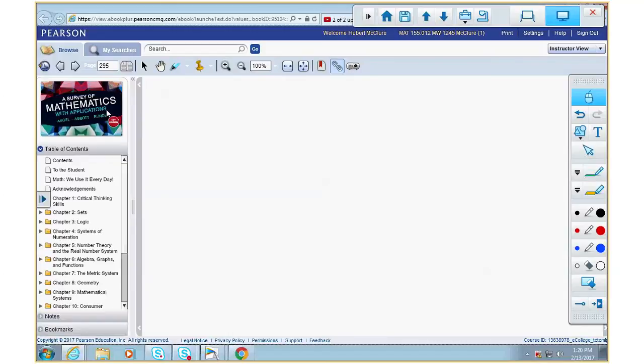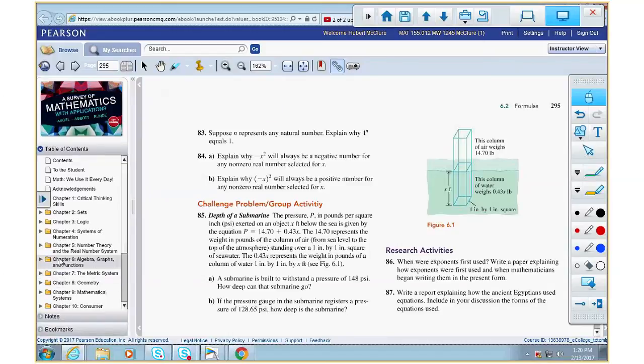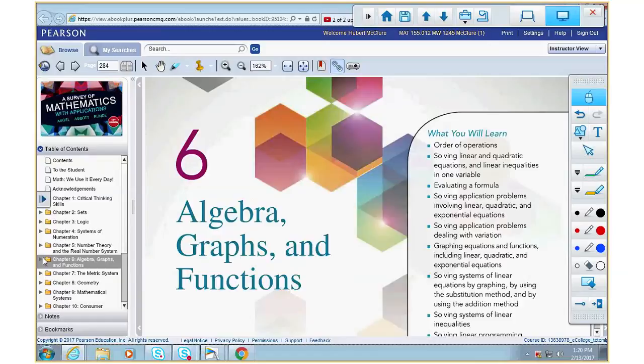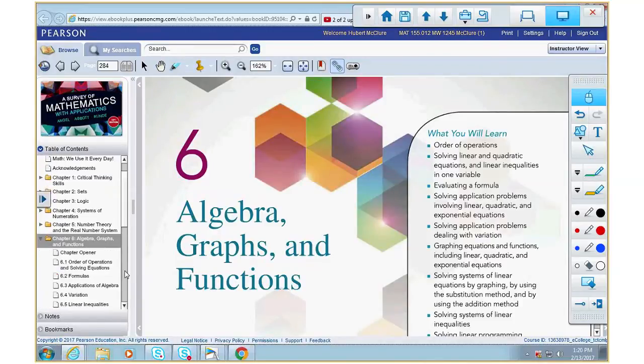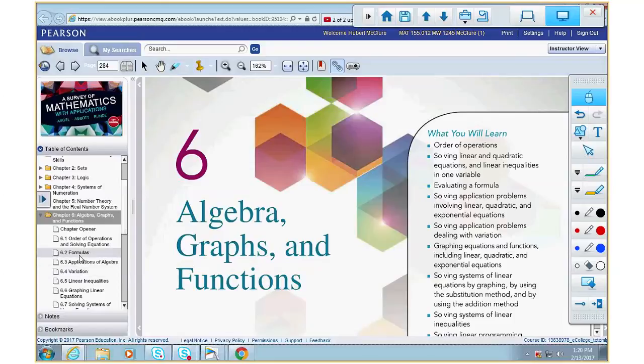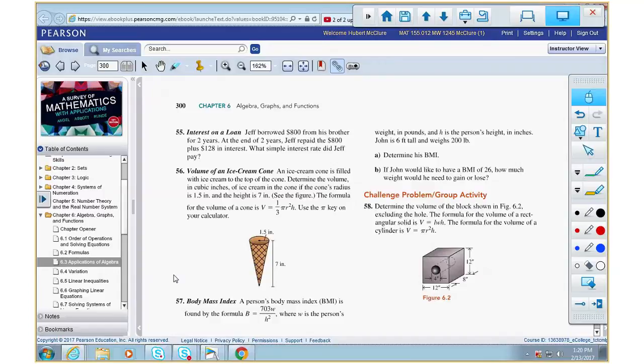It's called formulas, is what it's called. There we go. Okay, we're not doing 6.2 right now. We're going to skip to 6.3. We're going to mix around, so after 6.1, the next section is 6.3.